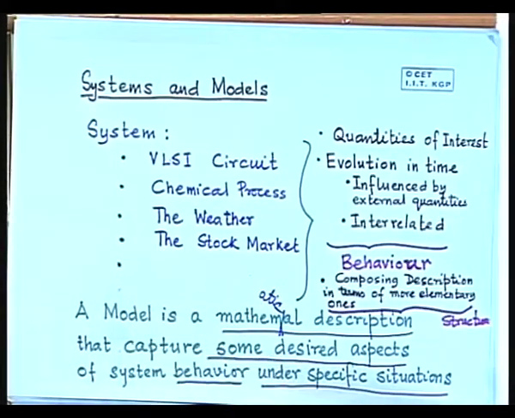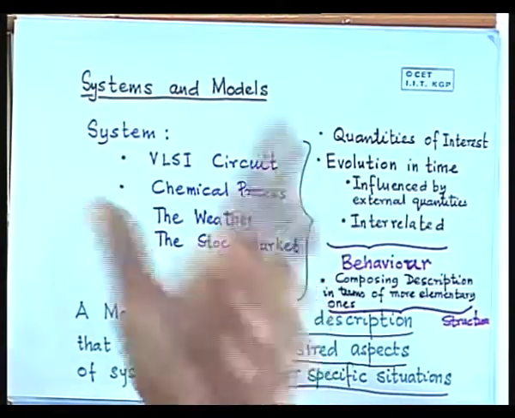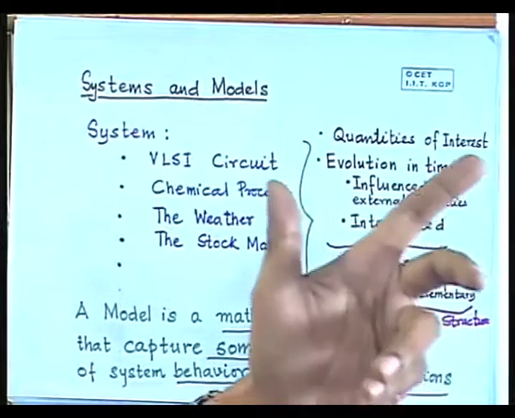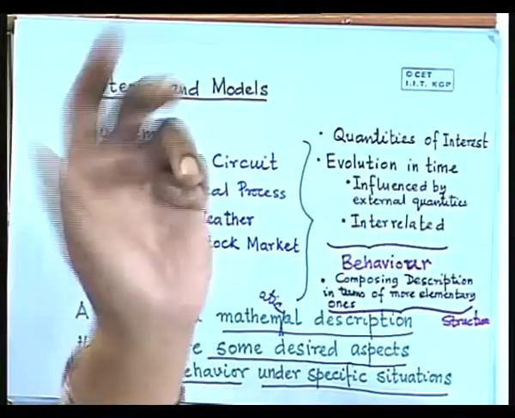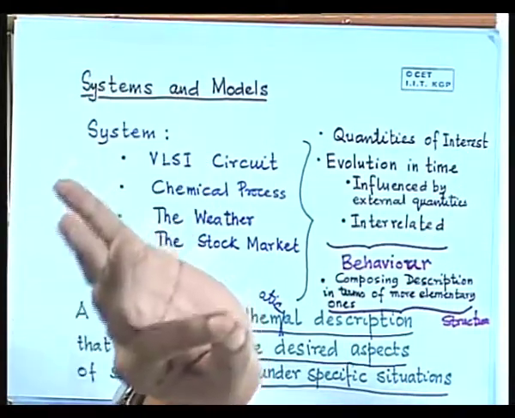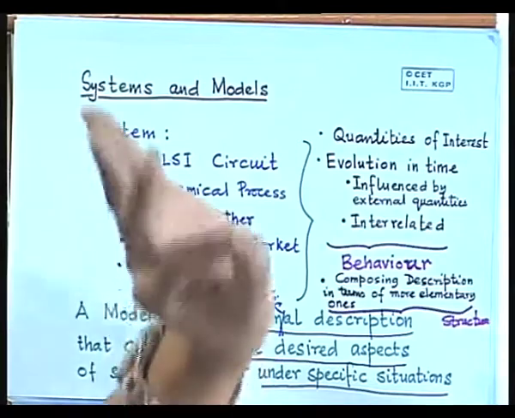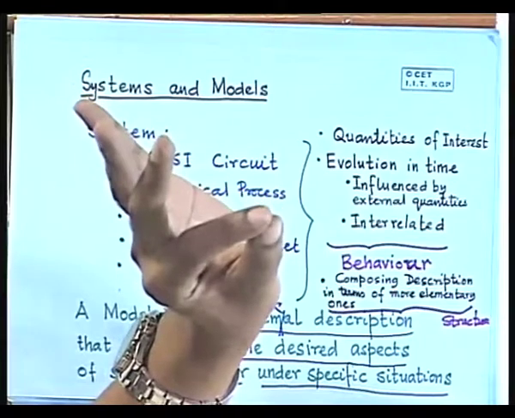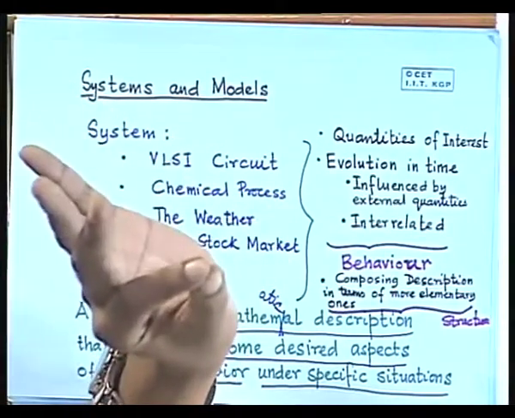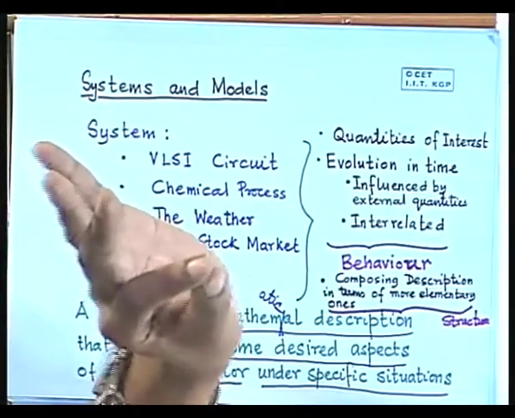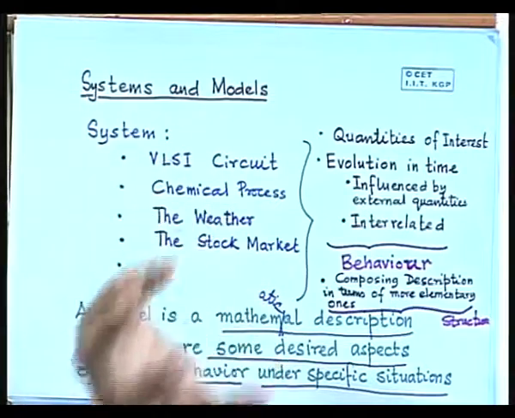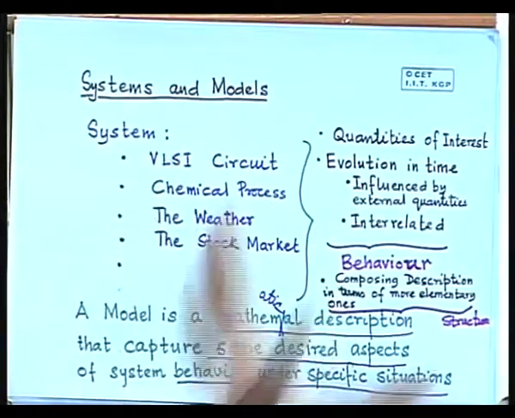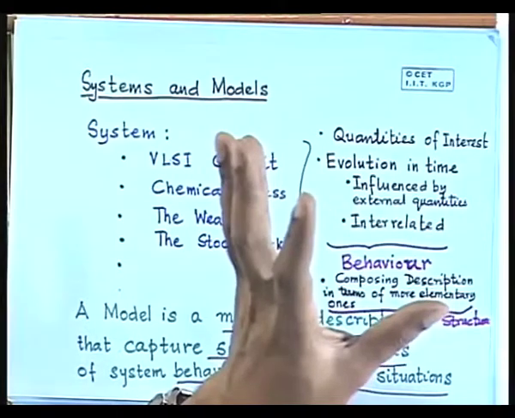So we simply model them as ideal elements. If you are interested in power loss for some reason, you will model it. If you are not interested in power loss, you will not model it. So you only model those aspects which are of your interest, and you model them under the situations that you are likely to encounter in your goal. So in a sense, a model is a partial description of behavior. It is not a total description, right?